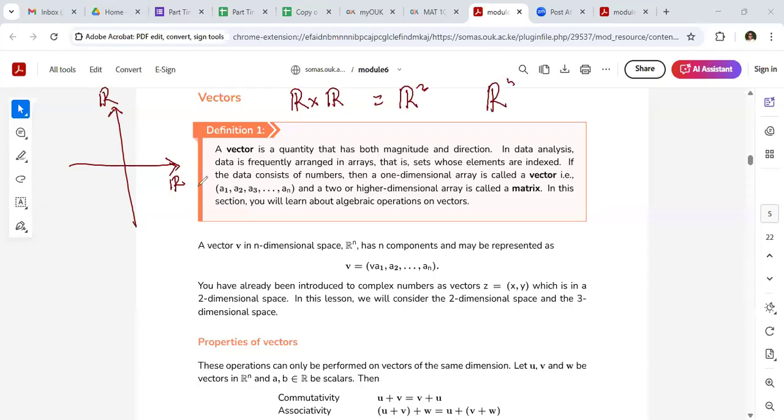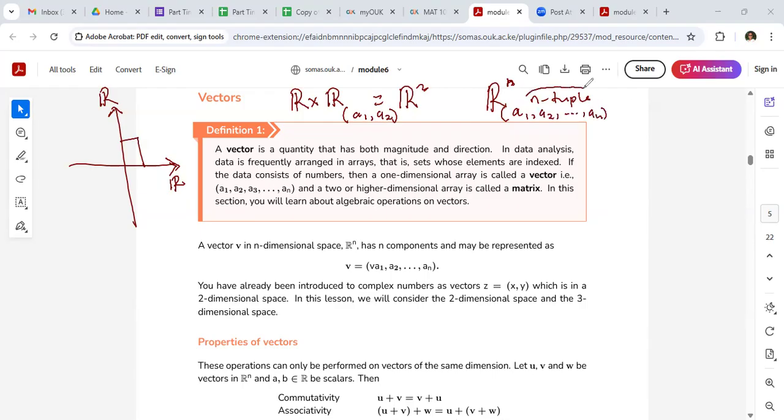So it doesn't have to be ordered pairs all the time. You can still have the Euclidean space, which is still a Cartesian product, which is still a representation of ordering of real numbers. But in this case, they will not be pairs. It will be an n-tuple, so you are listing n elements. For R2, you list two elements, ordered pairs, but you can still order n real numbers, a1, a2 to an.